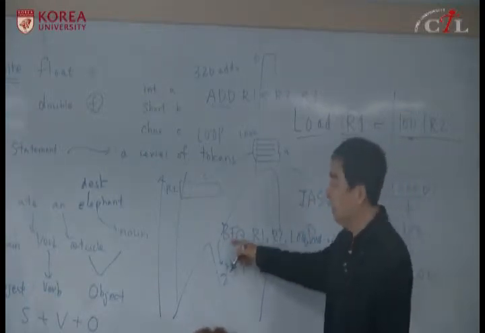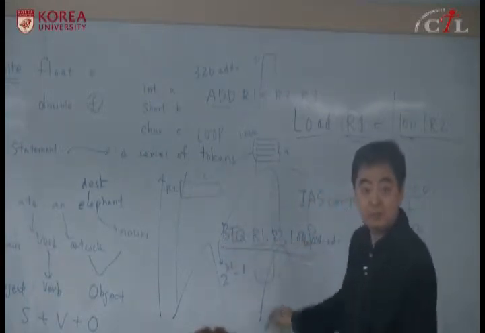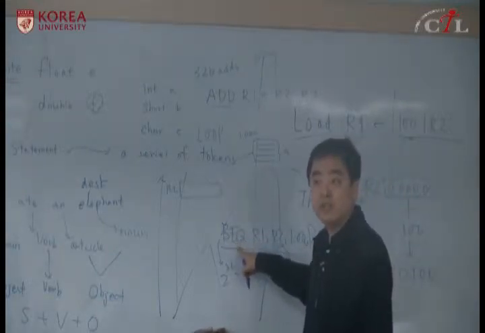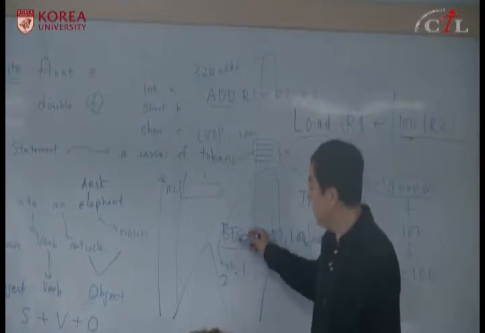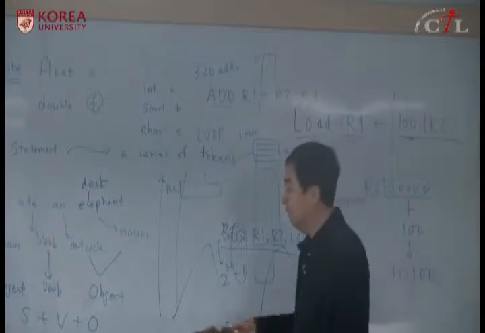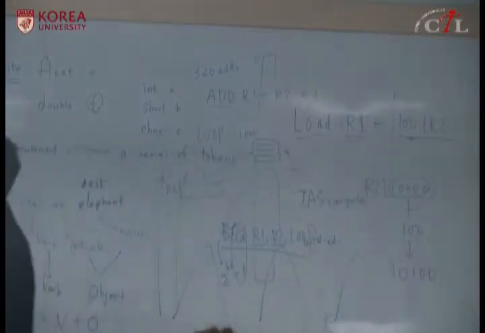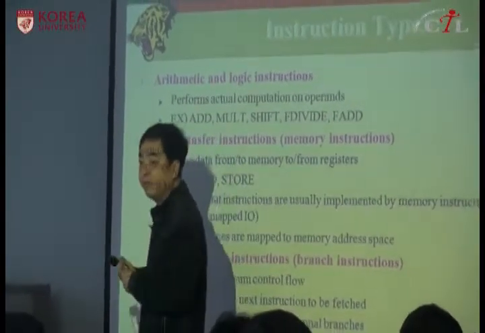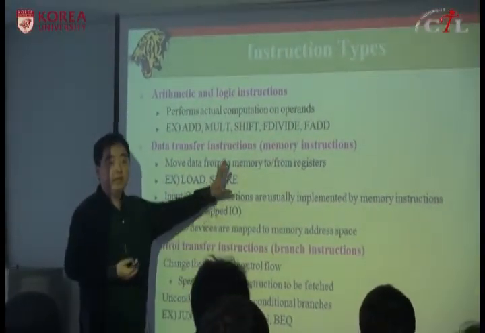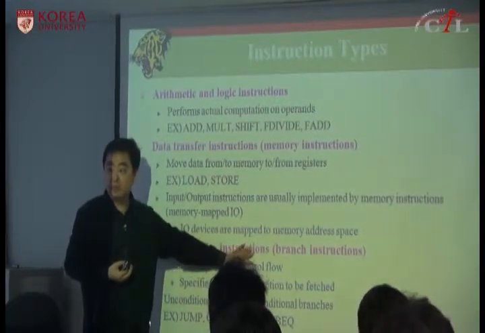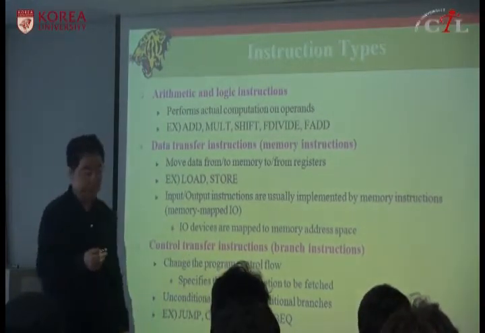This is called conditional branch. You can have branch equal or branch less than or branch greater than or equal to, or something like that. There are lots of other relational operators you can use for the branch instruction. So you have 3 types: computation, which is called arithmetic and logic instruction; data transfer or memory; and control transfer or branch instruction. Okay?